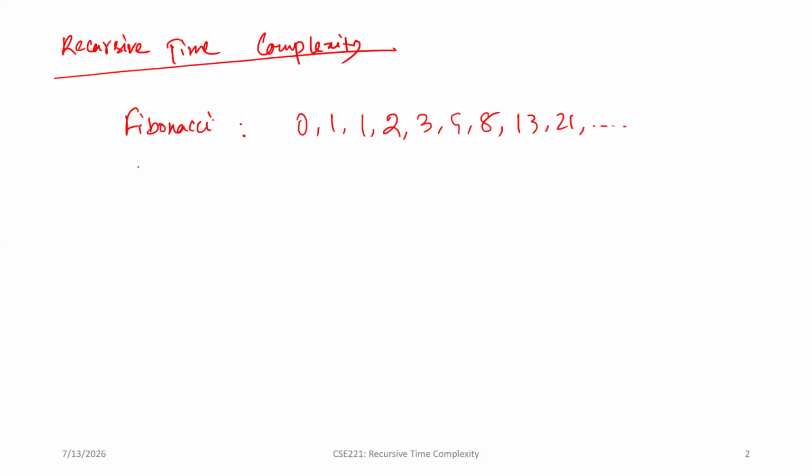The generating formula of the series is, let's say we want to find out the nth number in the series. That's what we call fib n.